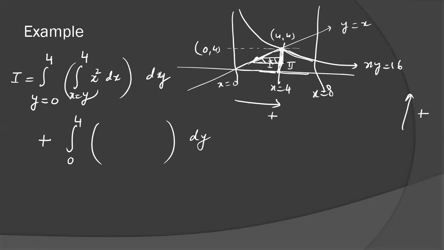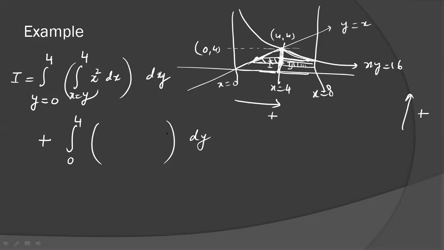Now, if you draw the strip here, what will be the limit of x now? Now you have another important point here. This is an intersection point.